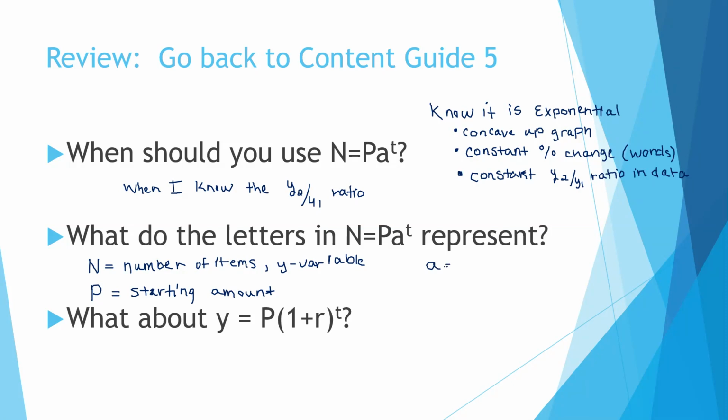A is called the growth or decay factor. And it is the y2 divided by y1 ratio.